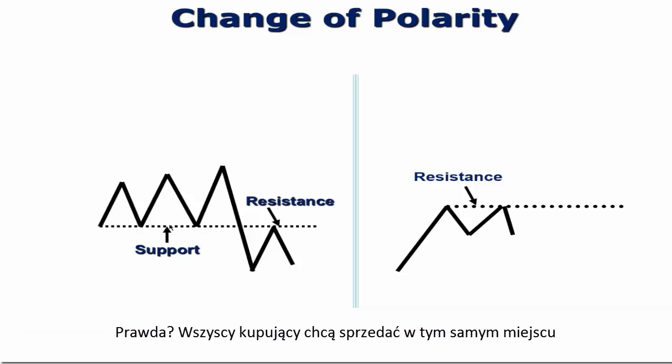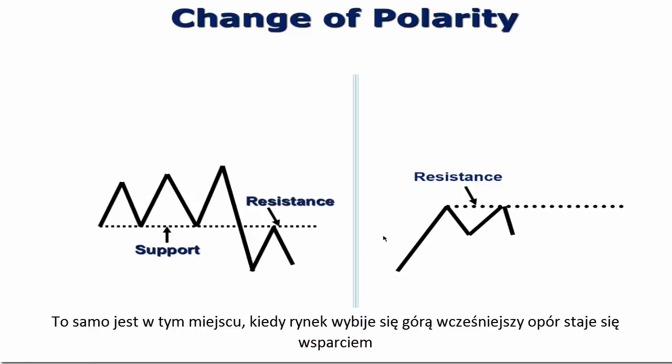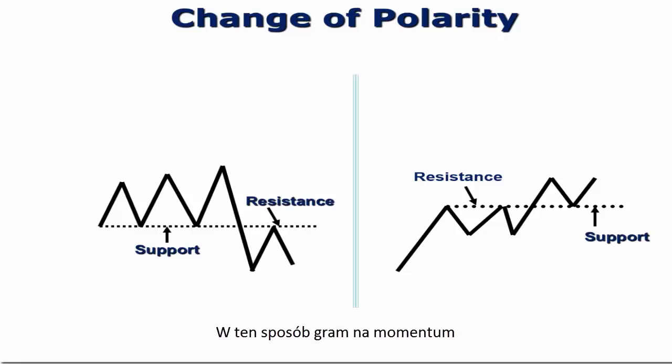Right? So all the buyers here become what here? All right. And same thing here. Once the market breaks out, the old resistance area, if the market is good, should become a support area. And this is how I trade momentum.